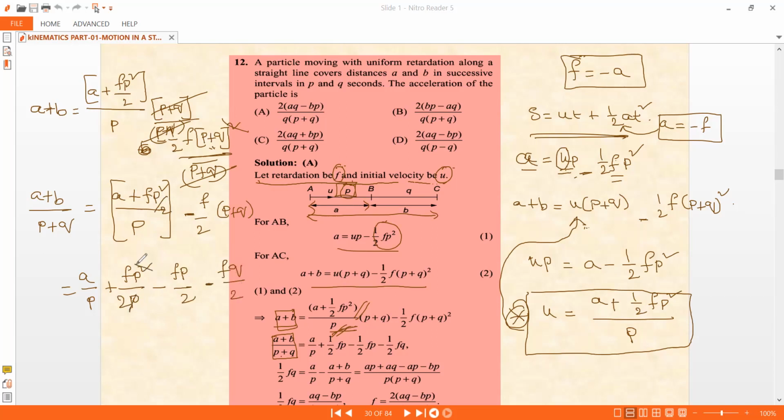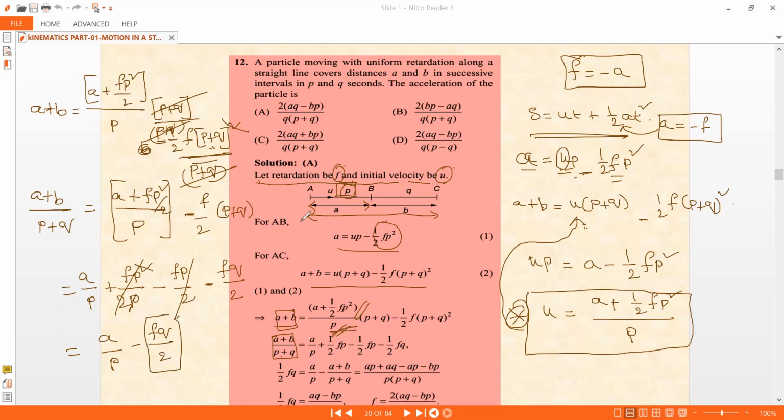So here the p and p get cancelled. fp by 2 and fp by 2 also get cancelled. So you're left with a by p minus fq by 2. Right, this is what you get. And now if you take the LCM, pick up the LCM, what you need is the quantity f here.